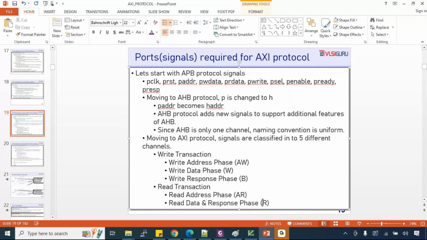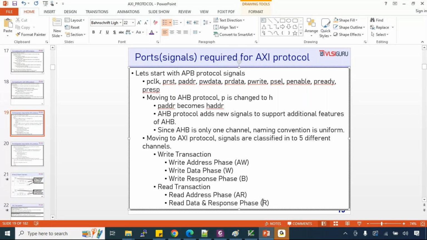The burst length: is it an address phase signal or a data phase signal? With burst length, you are conveying how many transfers you are going to do. That is all address phase information, so it will be AWLEN, because it's control information. You are telling how many transfers you are doing, and all that happens in the write address phase only.